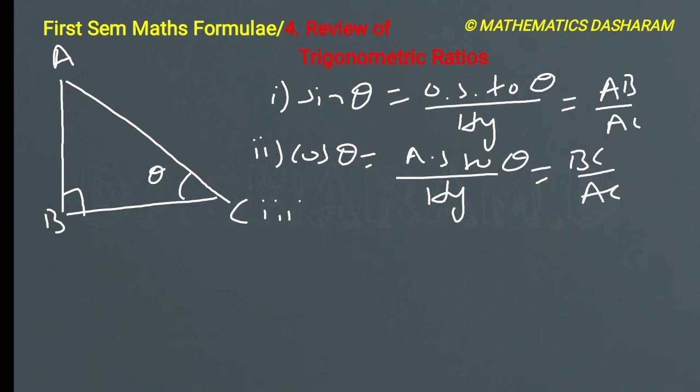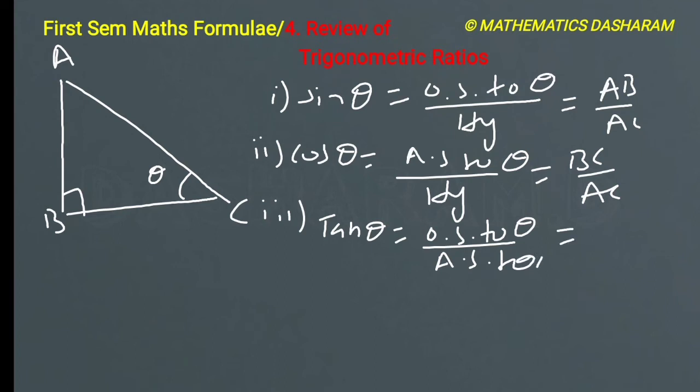Next, the third one is tan theta, which equals the opposite side to theta divided by the adjacent side to theta. Opposite side to theta is AB and adjacent side to theta is BC.